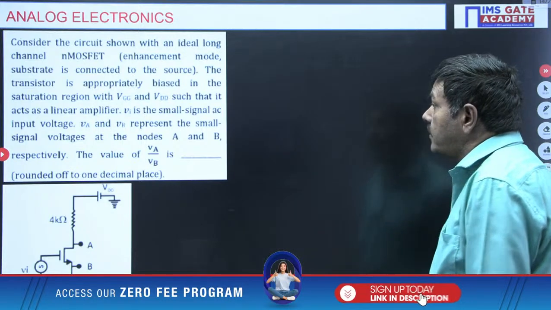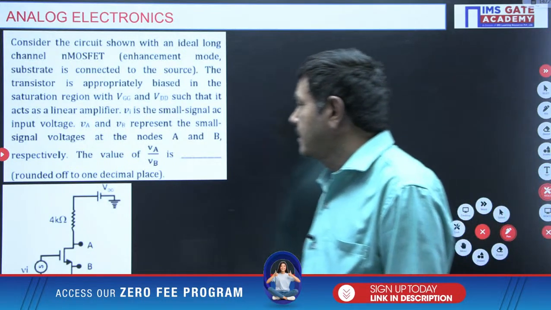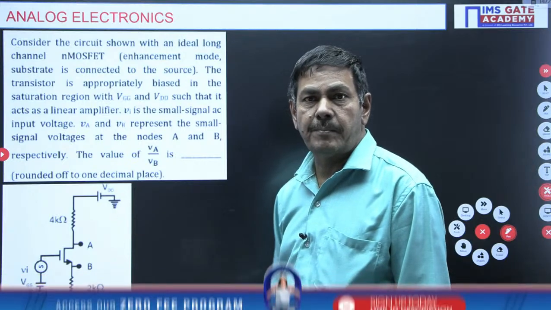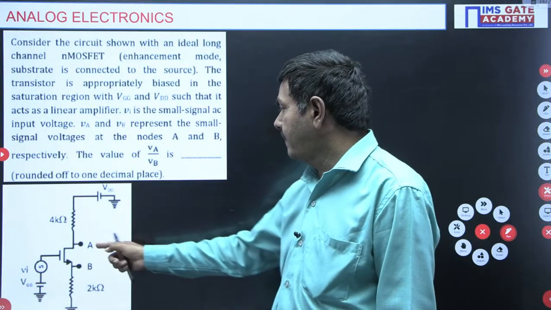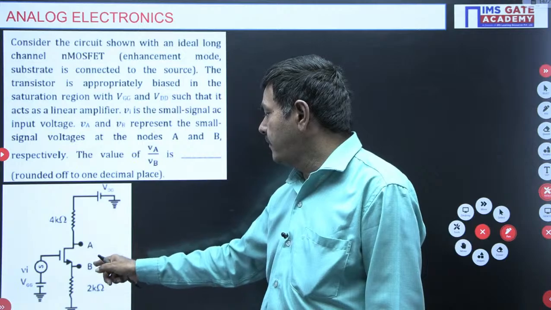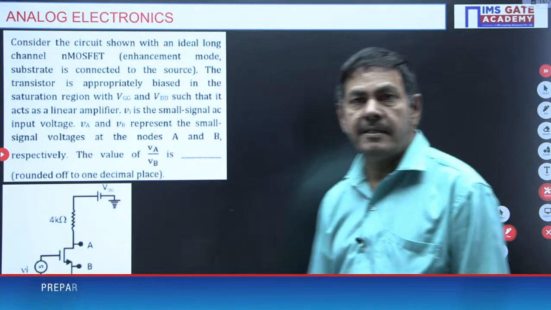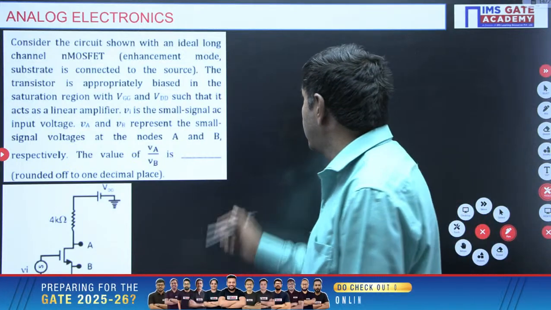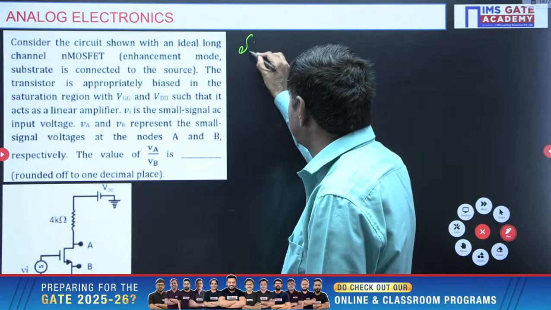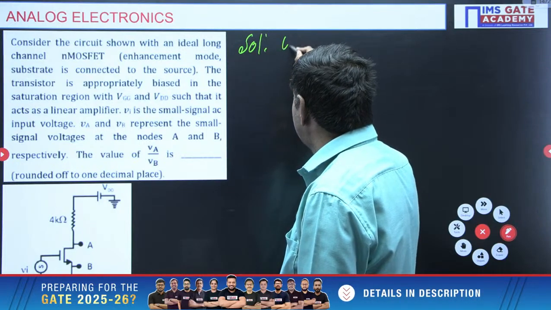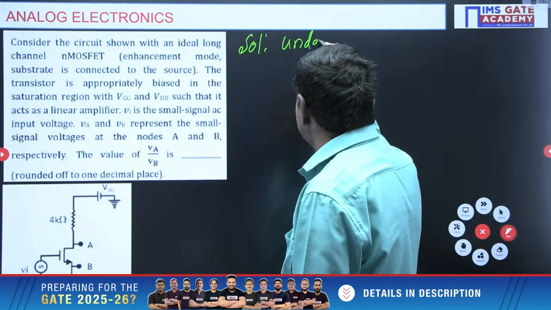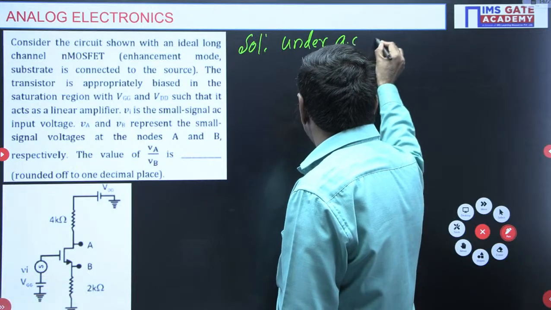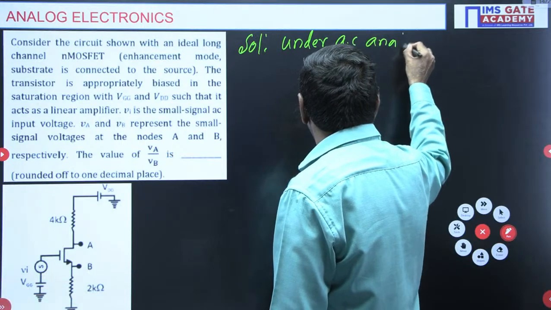To get this value, I want to apply AC analysis, because the AC voltages of VA and VB are required. It doesn't take more time to complete this question.